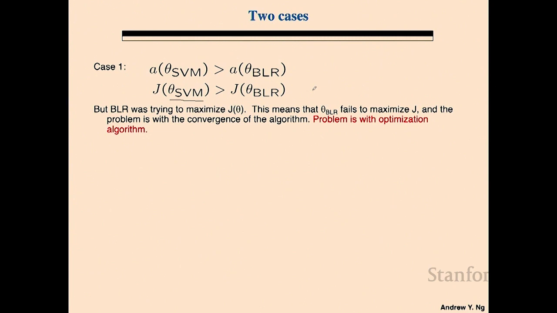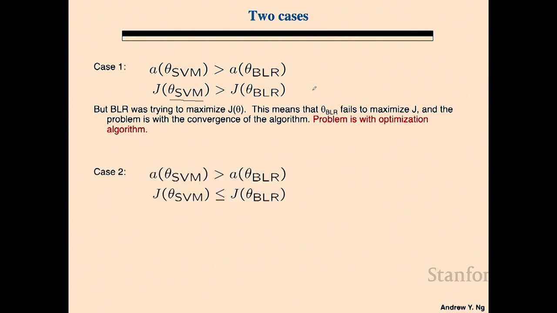I mean, Bayesian logistic regression is just using gradient descent to try to maximize J of theta. So under case 1, whatever your buddy implementing the SVM did, they managed to find a value for theta that achieves a higher value of J of theta than your implementation of Bayesian logistic regression. This means that theta BLR fails to maximize the cost function J, and the problem is with the optimization algorithm. Okay, so that's case 1.